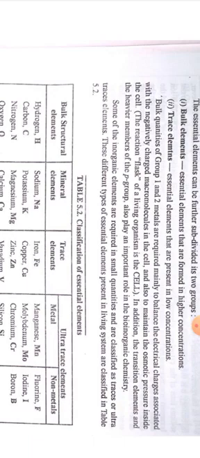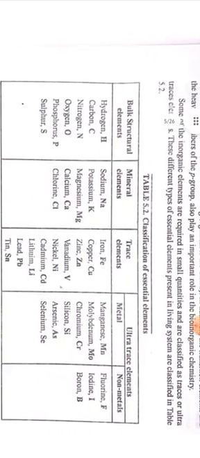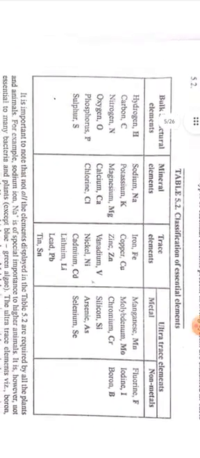Some of the inorganic elements are required in small quantities and are classified as trace or ultra trace elements. These different types of essential elements present in living organisms are classified in Table 5.2.